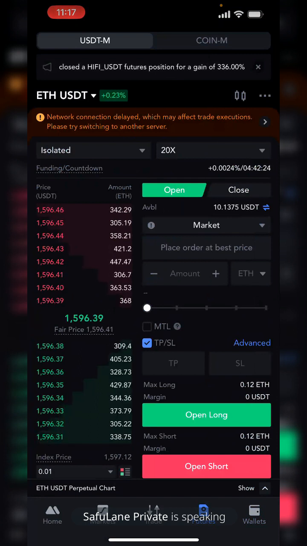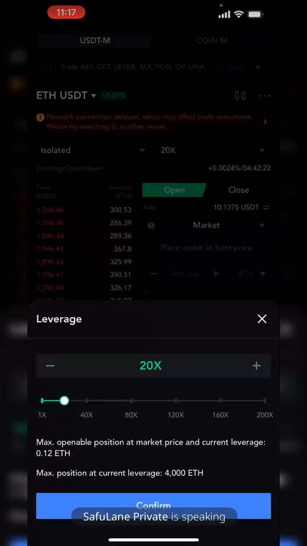So when I pick isolated, it is usually good if you don't have enough money. Like right now, I'm using about $10 to test run this. So the most advisable thing is even for me to use maybe something about 5x or 6x leverage.